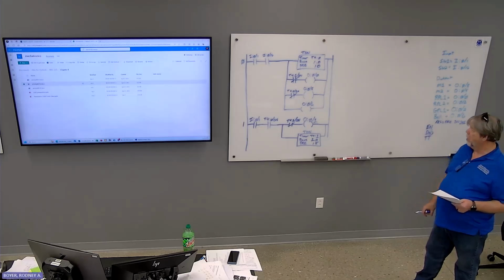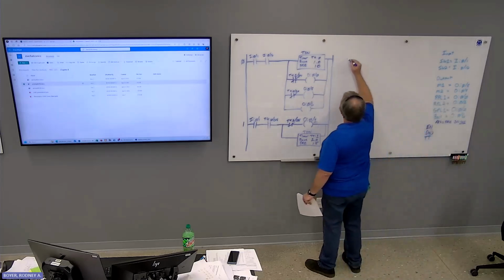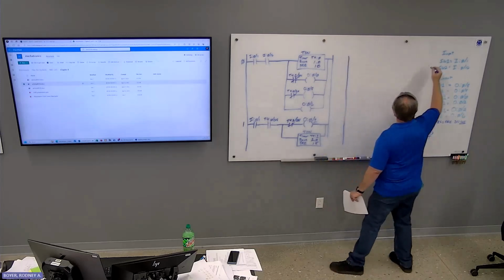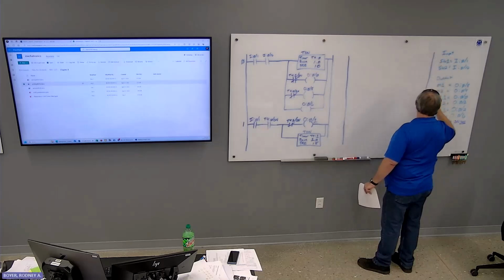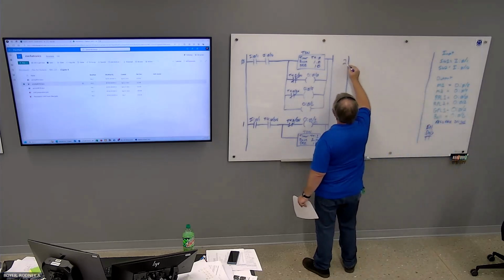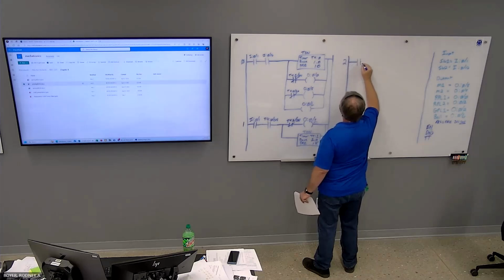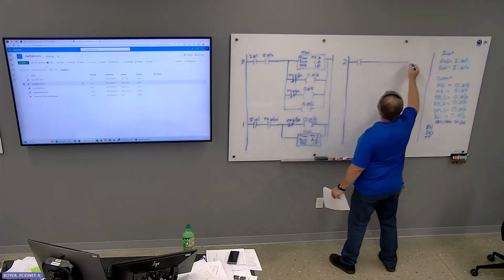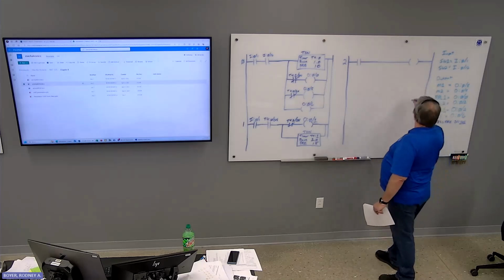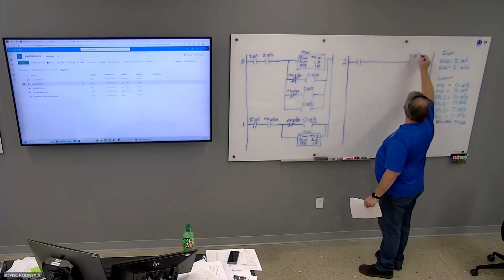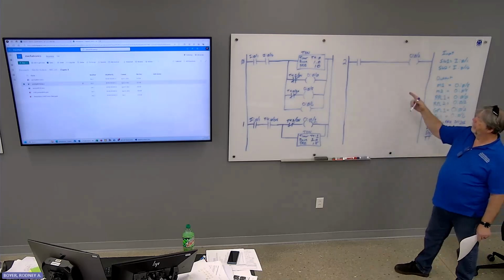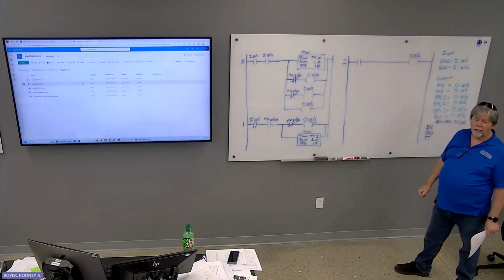And we also need the green pilot to turn on. So let's output 02. So, we want XIO or XIC?